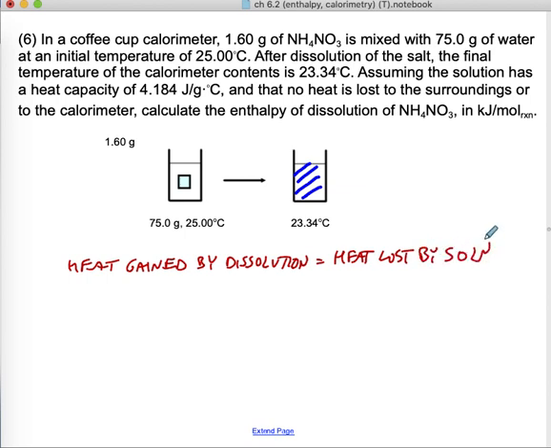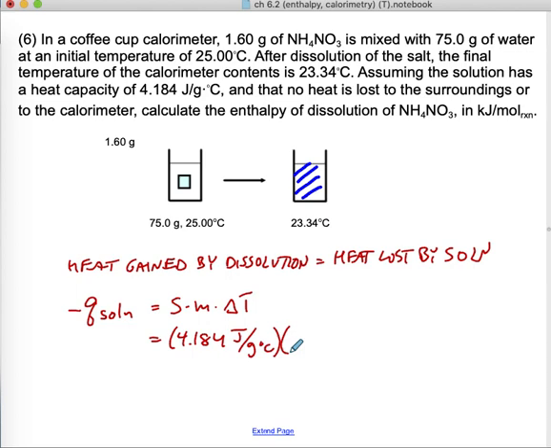So I'm going to use the equation, negative Q solution equals S times M times delta T. S, the specific heat capacity of water, is 4.184 joules per gram degree Celsius.